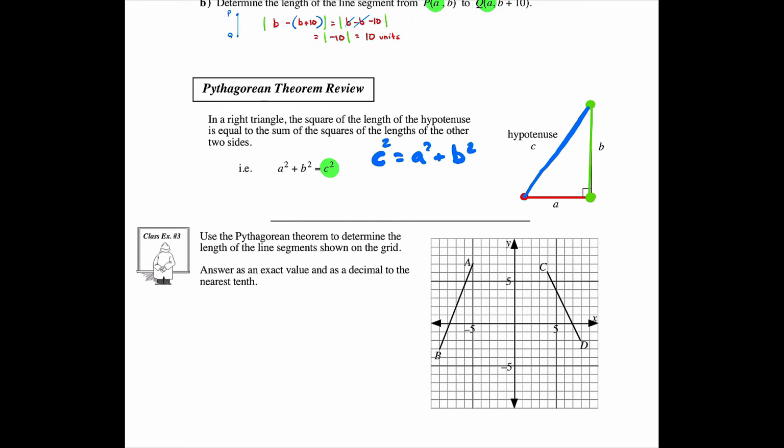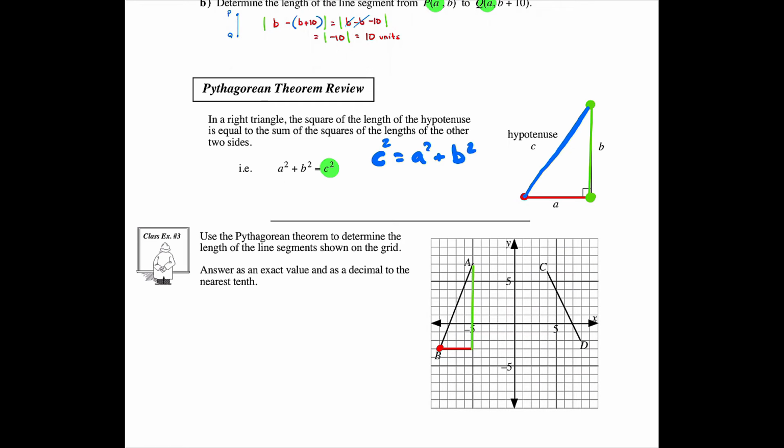If we look at line segment AB, it is neither a horizontal line nor a vertical line, but I can form a right angle triangle by going from point B in the horizontal direction and going from point A down in the vertical direction.